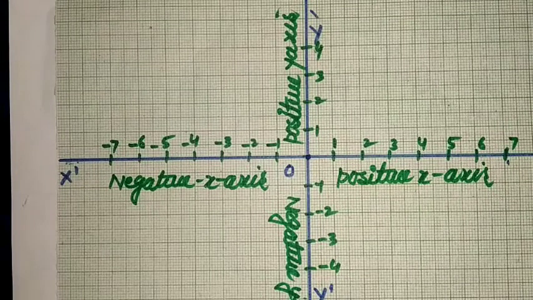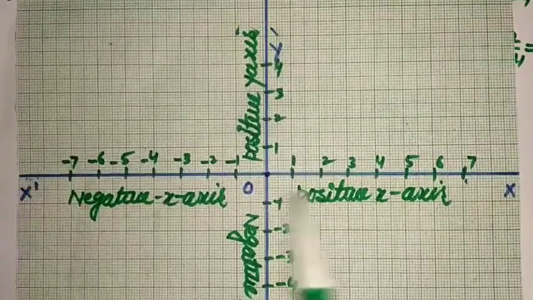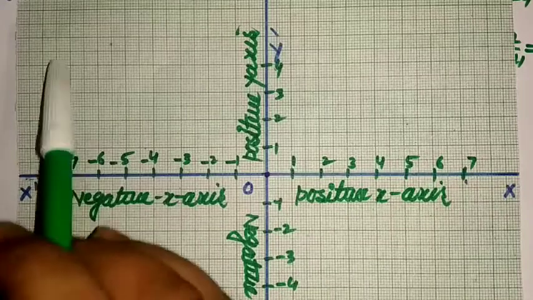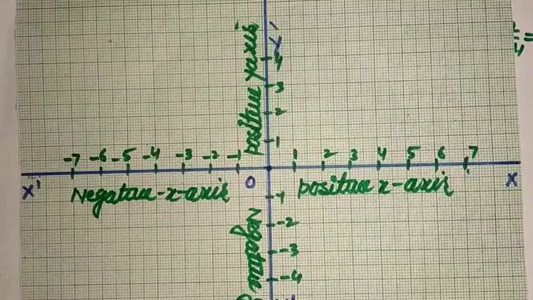And what is the quadrant? These two lines divide this graph into 4 parts, isn't it?